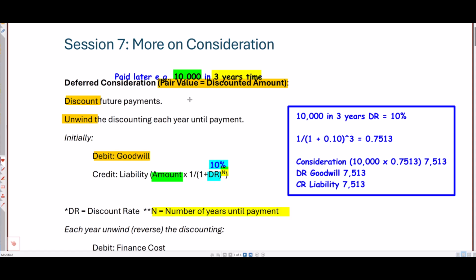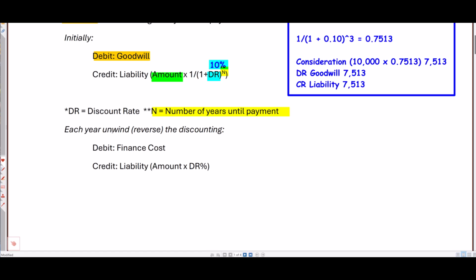Then I said step 2 was we need to unwind that or reverse the discounting. So we do that with this little calculation. We reverse the discounting by multiplying the opening balance on the liability by the discount rate that we're given, which is 10%.